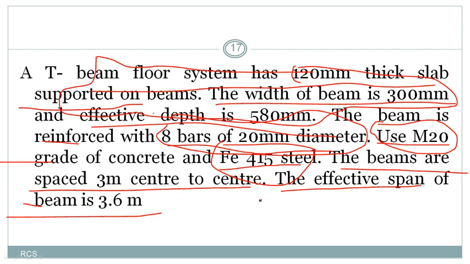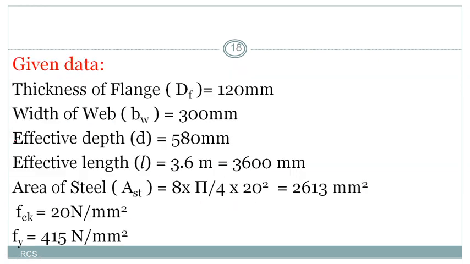So with this problem, let us write the input data. The thickness of flange Df is 120 mm, but in the problem it is given as the thickness of slab. As we know, the thickness of flange equals the thickness of slab. The width of the web is 300 mm and the effective depth is 580 mm.